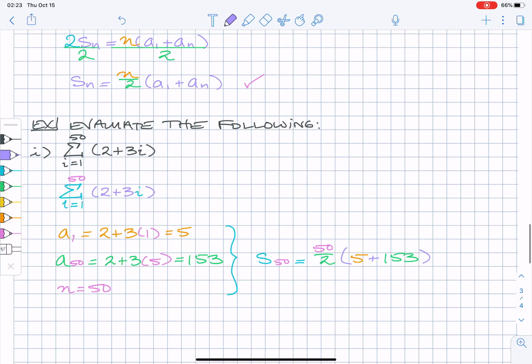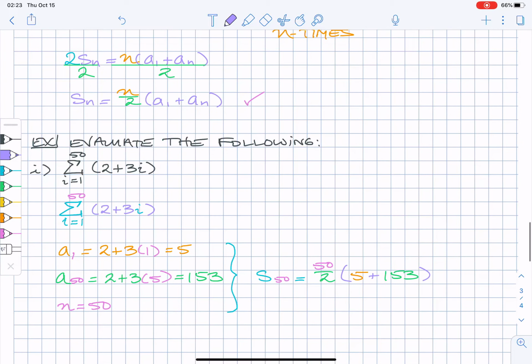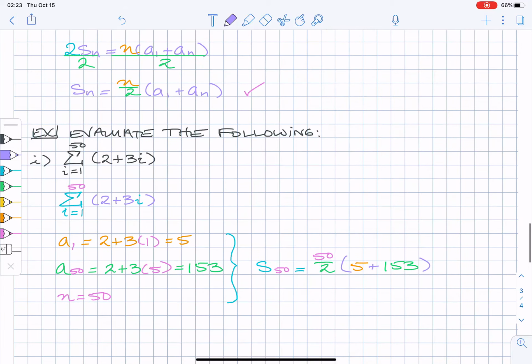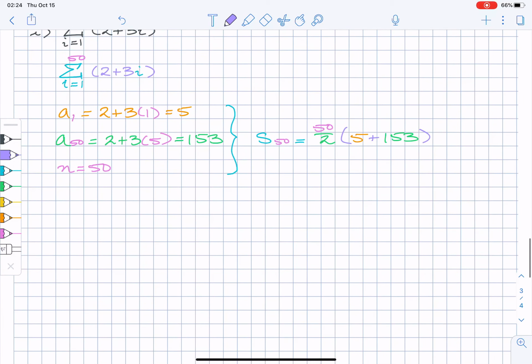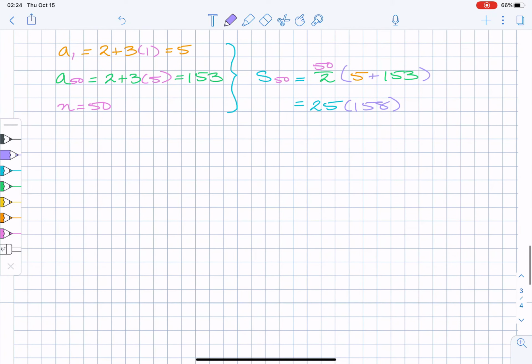Is that n divided by 2 times first term plus last term? Yeah, hopefully it is. So what's 50 divided by 2? That's 25 times what amounts to 158. So how would I figure out what is 25 times 158?